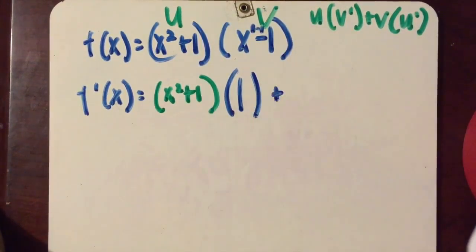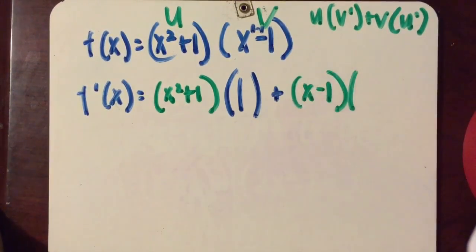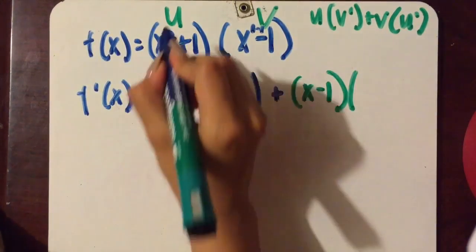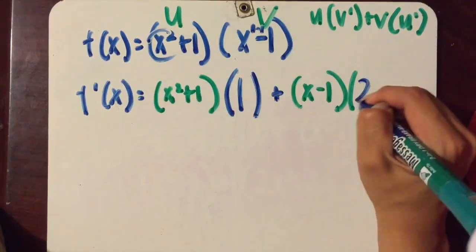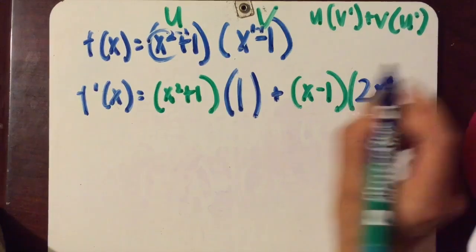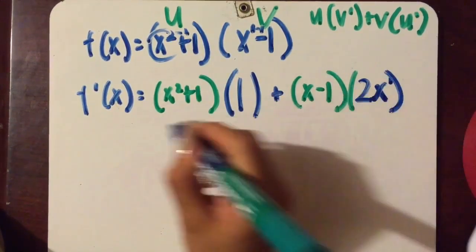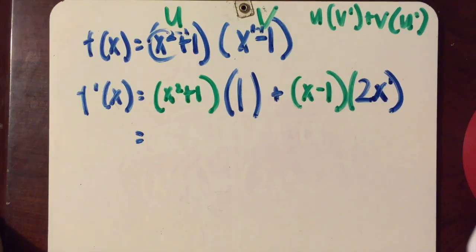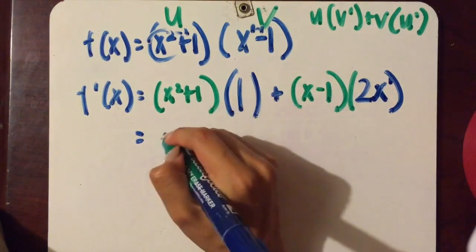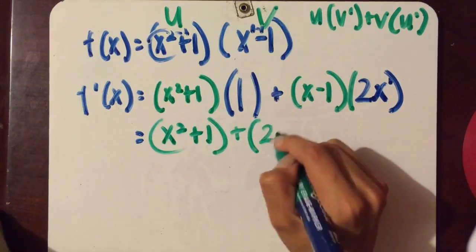Plus, we keep the second, which is x minus 1, times the derivative of the first, so we bring down our 2, so 2x, and then 2 minus 1 is just 1, and the derivative of a constant will always be 0. So that's just that. After we simplify this, we'll get that the derivative is x squared plus 1 plus 2x squared minus 2x.